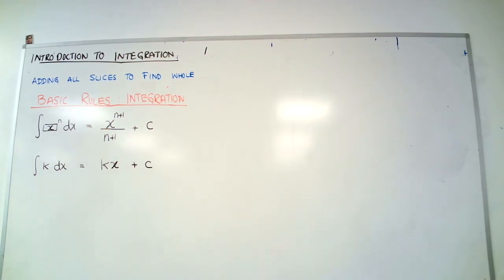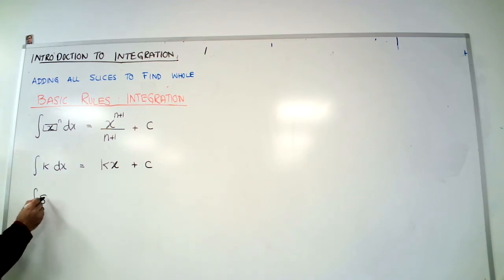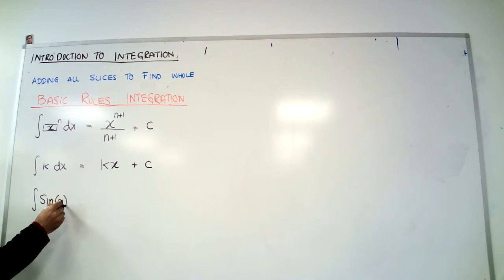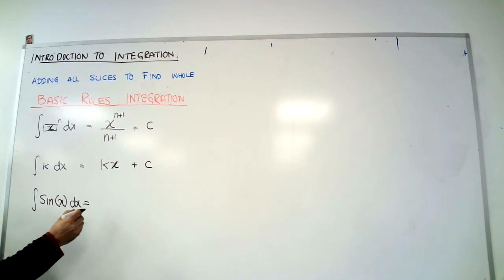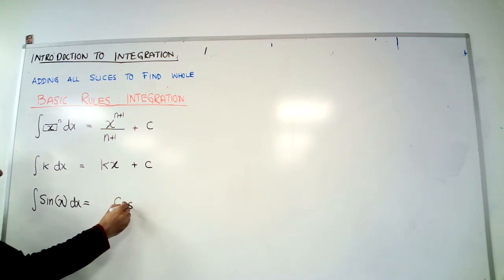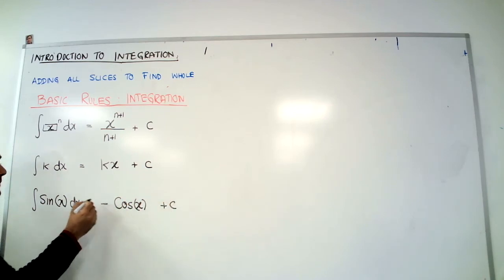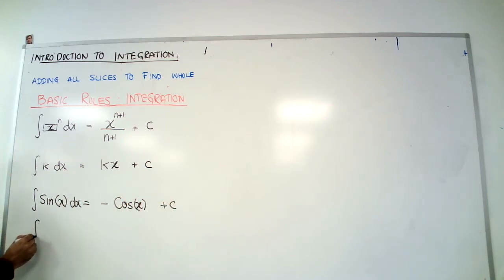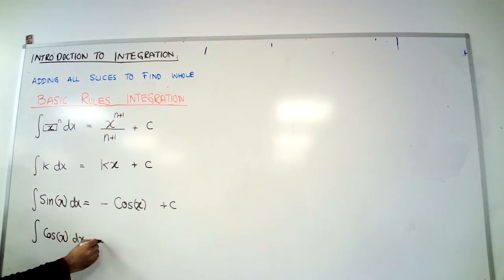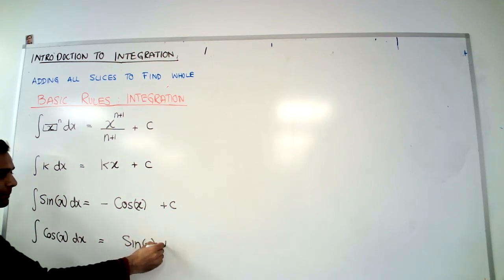Now, integration of sin x is minus cos x plus c. Integration of cos x is a positive sin x plus c.